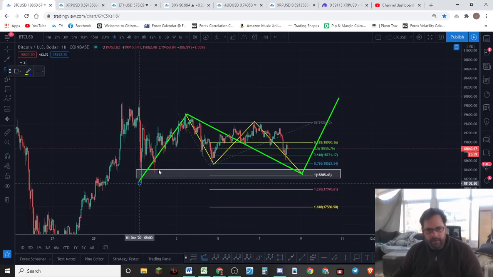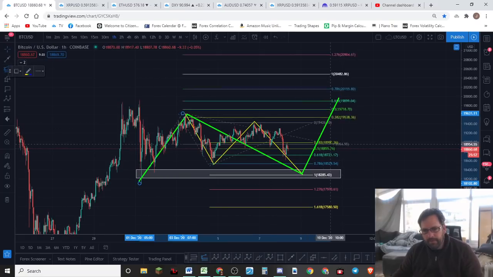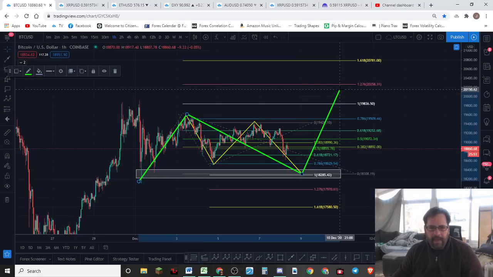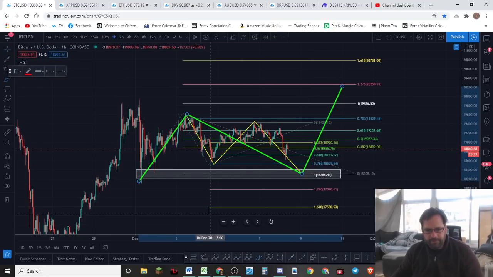A target of that top would be 19,800, to breaking the all-time high, and I could see that happening at about 20,250. Price would break at the top here, and everybody would be like, "Oh, now this is where we're going. We broke the all-time high. We're going up." It was just a fake out to the downside out of the triangle. So let me put the triangle back on your screen.